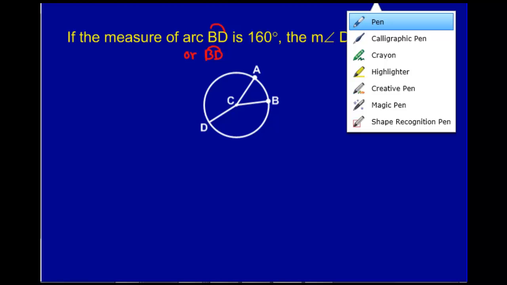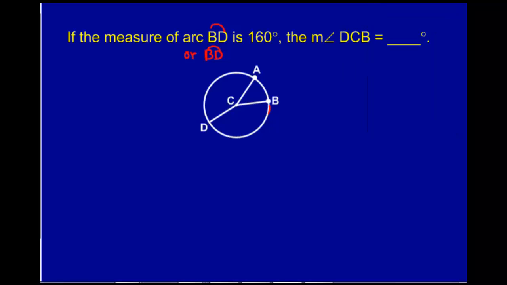So on this diagram, I'm going to mark out arc BD. Okay, so arc BD is 160 degrees.